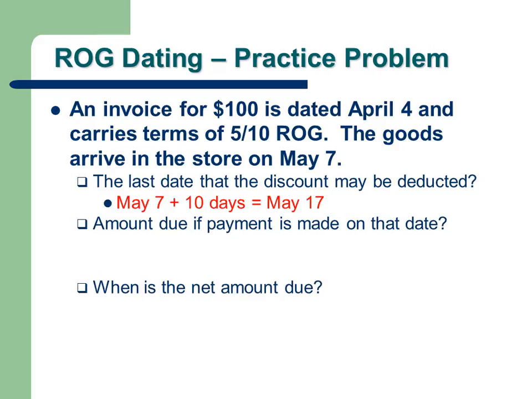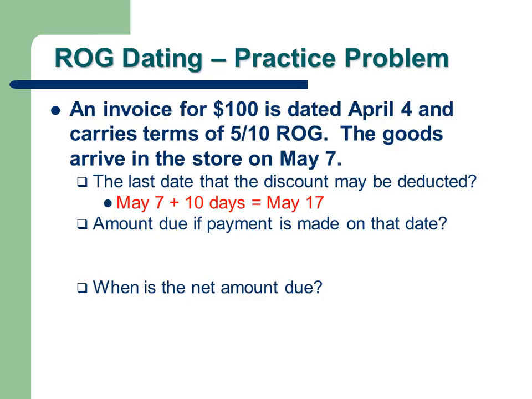All right, so the first question is about the last cash discount date. Since this is based on ROG dating, we don't care about the invoice date at all. So completely ignore the invoice date April 4th and just pay attention to the ROG, the receipt of goods date, which is May 7th. The term says 5/10, which means you've got 10 days from ROG.